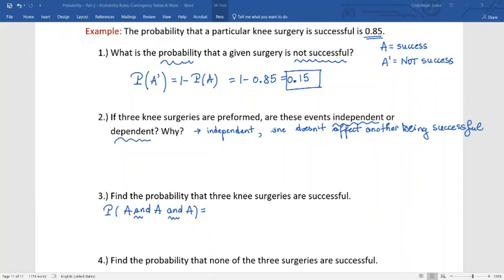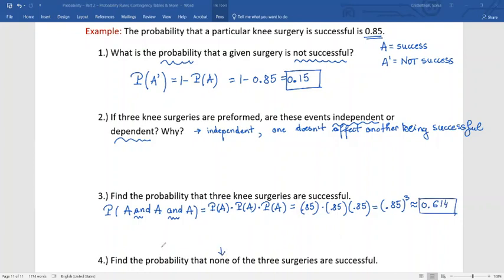Because these are independent events, I can simply multiply the probabilities: the first one being successful, the second one, the third one, which is 0.85 times 0.85 times 0.85. So the final answer is actually 0.85 raised to the 3rd power. So the answer will be 0.614.